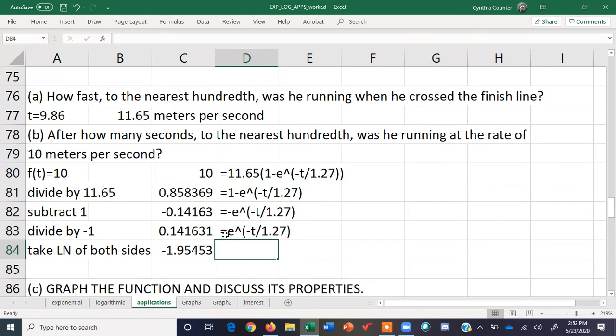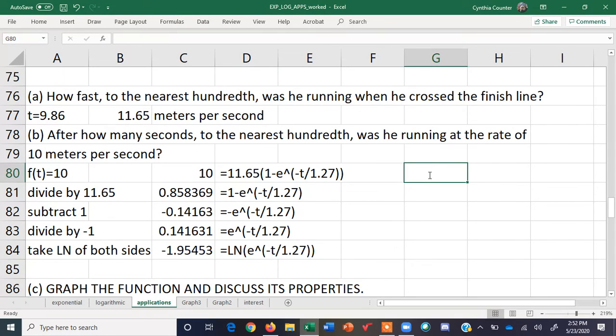Now here, when I take the natural log of e, I'll go ahead and type this in. ln of, should still be there, yeah. Remember, since these are inverse functions, the natural log and the e cancel each other out. So what I am left with is just the -2 divided by 1.27.